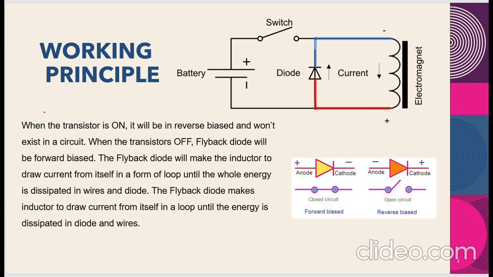Whenever the transistor is on, the diode will be in reverse bias. Here, first we will read, then I will explain. When the transistor is on, the diode will be reverse biased and won't exist in the circuit. When the transistor is off, the flyback diode will be forward biased.